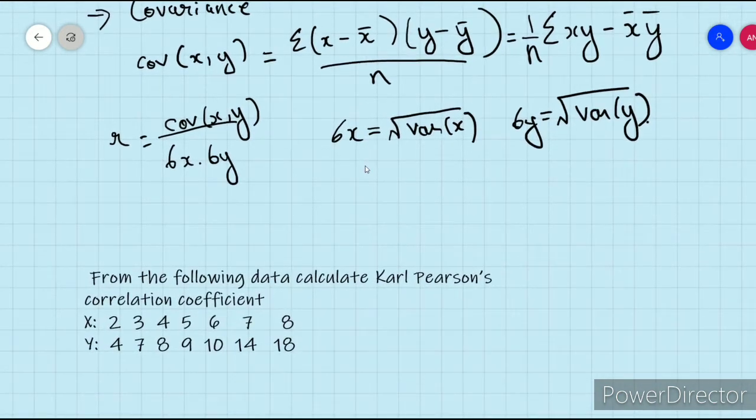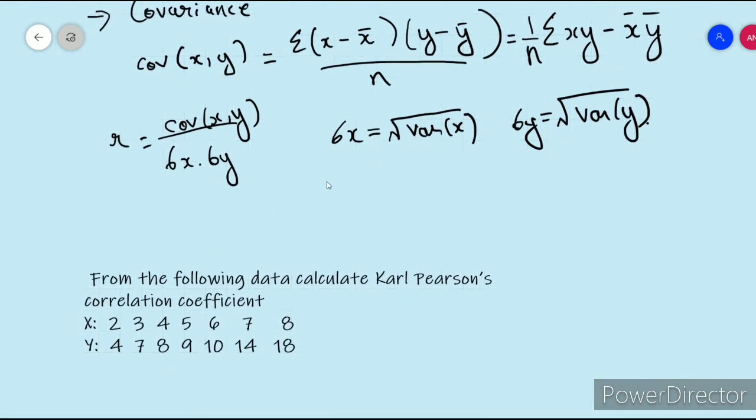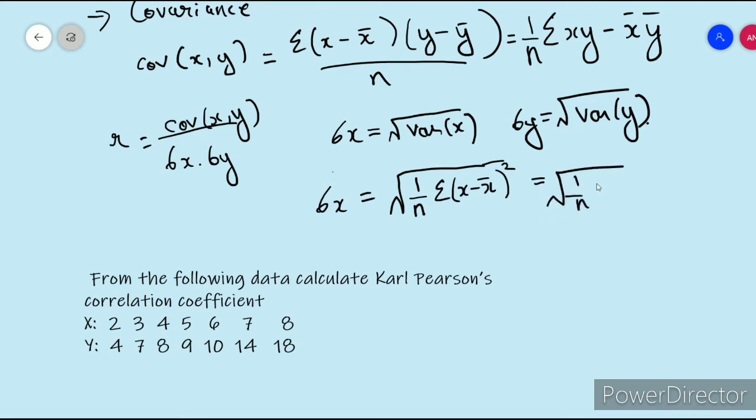So the standard deviation of x is equal to the square root of the variance, which is nothing but 1 by n summation of the square of the deviations of x values from their mean, which can also be written as follows.